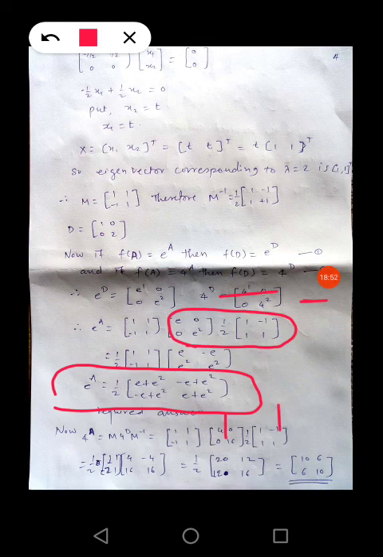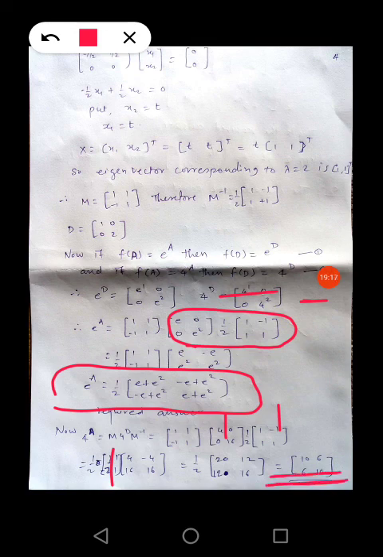Now 1/2 is a constant, I am taking it outside. So [1 1; -1 1] is M, with first column 1 minus 1 and second column 1 1. Now the product of the second and third matrices is 4, minus 4, 16, 16, and that will be 1/2 of 20, 12, 12, 16, and that will be 10, 6, 6, 10. So this is the required answer.